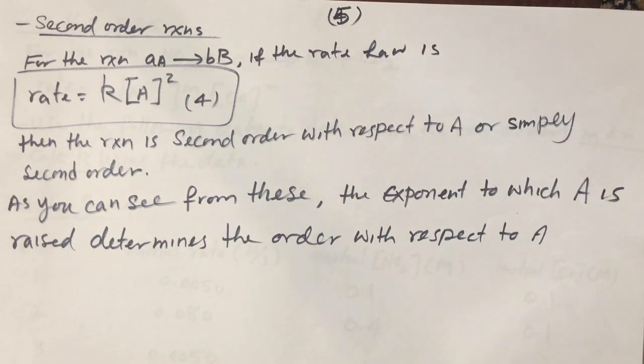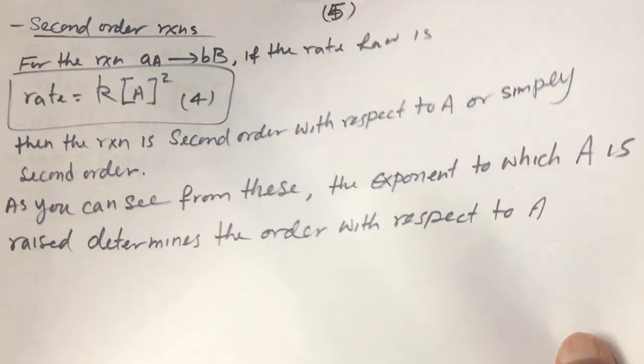And again, note that no product appears in the rate law expression. So now we say that the reaction is second order with respect to A, or simply just second order. The exponent of A basically determines the order of the reaction.